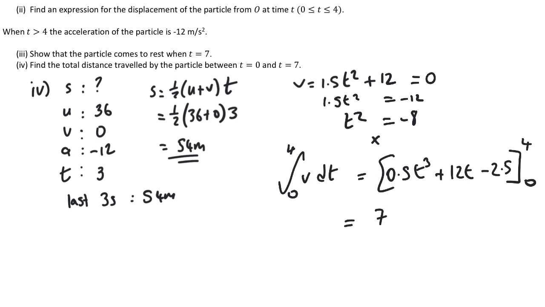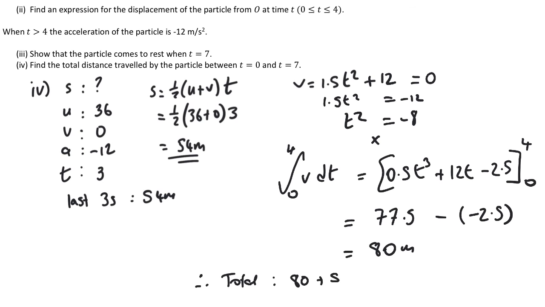And we get 77.5 minus 2.5, and that works out to be 80 meters. Therefore, the total travelled is 80 plus 54, which is 134 meters.